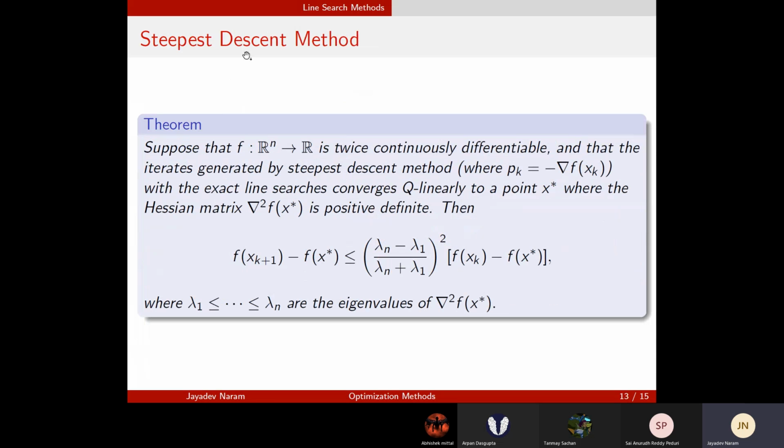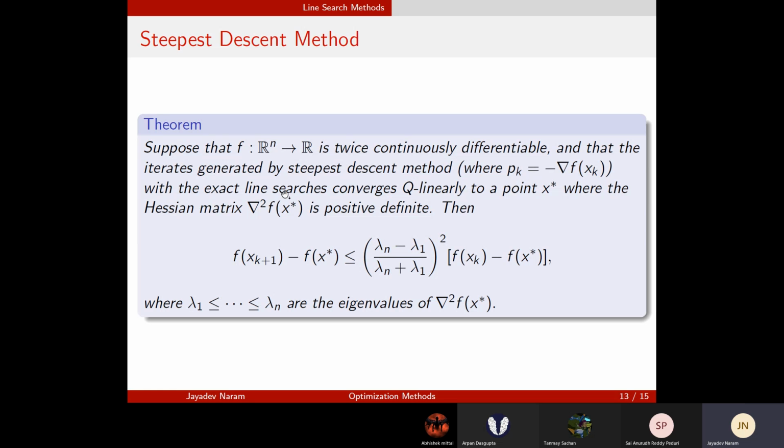So now we'll look at the steepest descent method. This is basically gradient descent. In this case, our descent direction is the steepest descent itself. The result that goes with the steepest descent method is, suppose f from Rn to R is twice continuously differentiable, and the iterates are generated by the steepest descent method with exact line search.